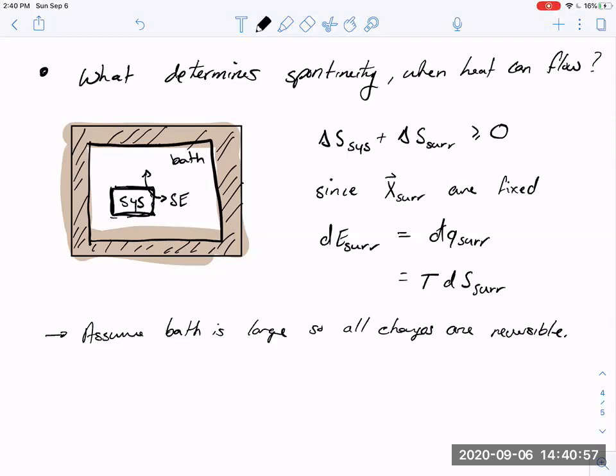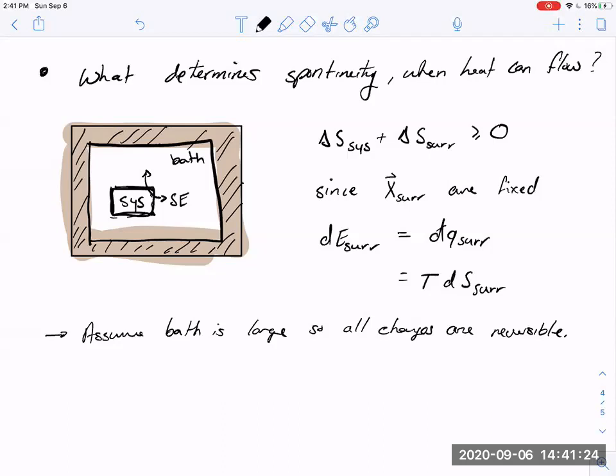And if the bath is really big, any manipulation to the system doesn't move the bath far from its equilibrium state. So processes done in the system have, we assume, only reversible effects to the bath, in which case we can compute the heat transferred by noting its change in entropy.